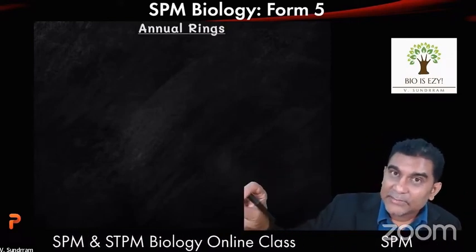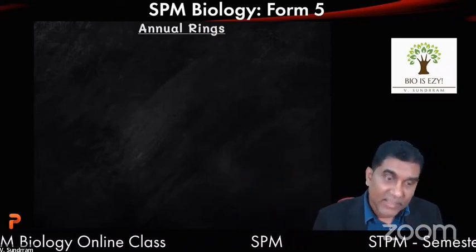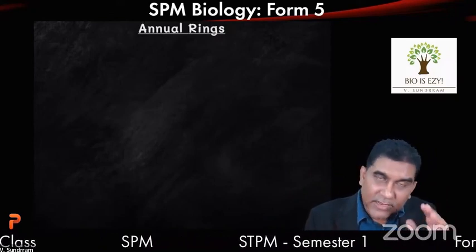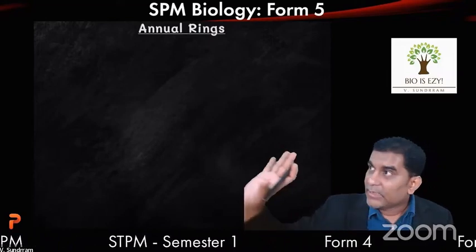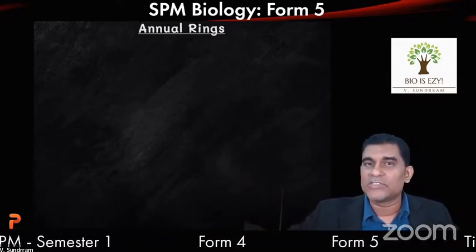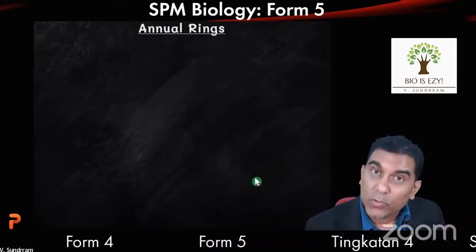In summer, the rate of secondary growth is lower. That's the main understanding you need to have. In spring, the rate is higher. In summer, the rate is lower. In fall and winter, just take it as no growth, no secondary growth.